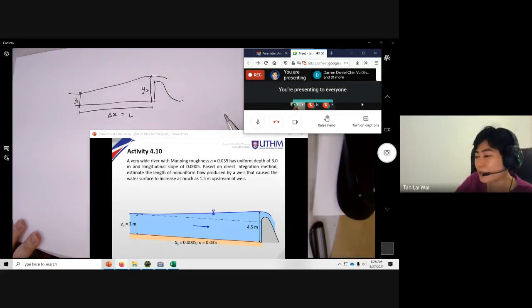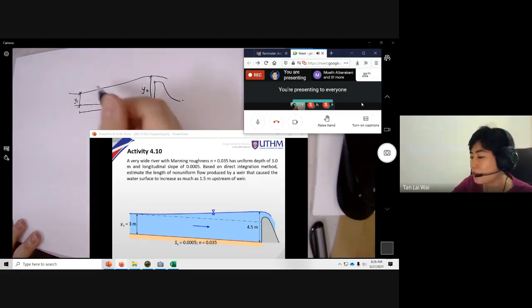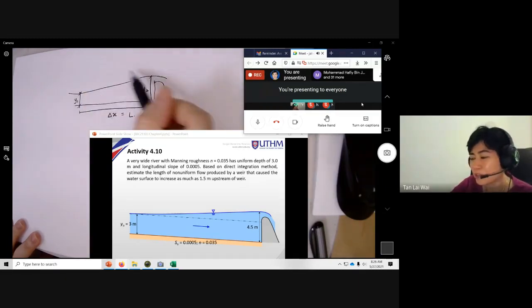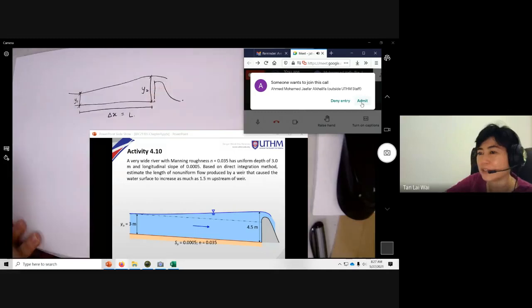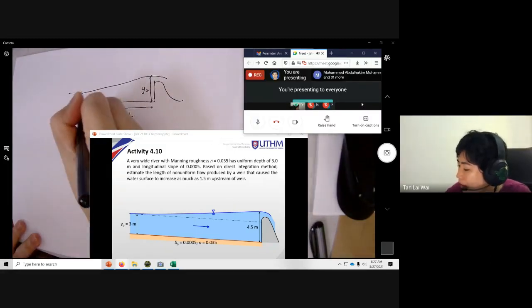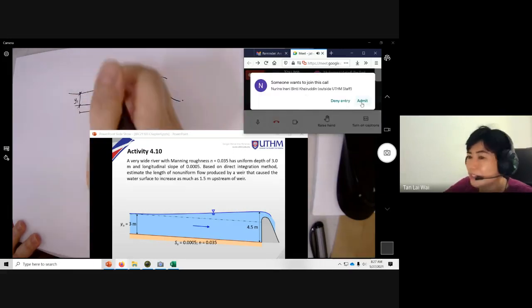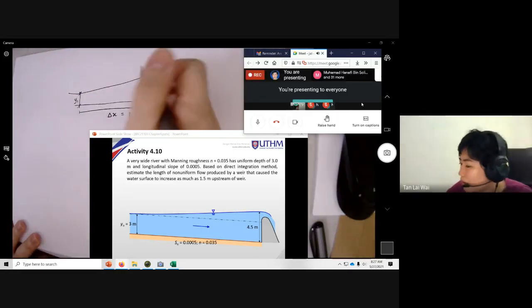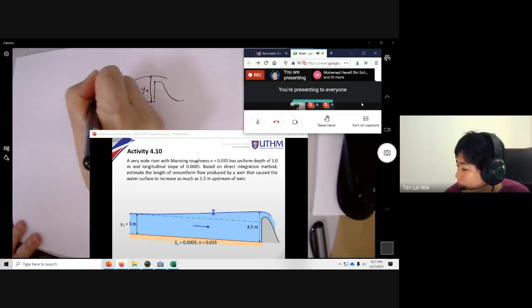Now, I told you last time, depending on how many steps they want you to find to get L. In this question, in activity 4.10, it doesn't state any steps. So probably you can use just one step. Now remember here, if you use one step, you would only have this L here, and when you plot the profile, it's just from this point to this point.